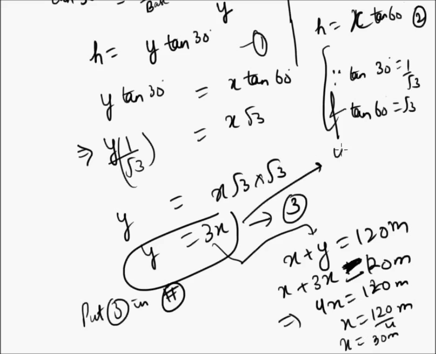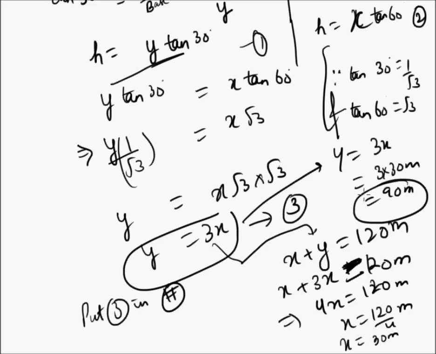Now y is 3 times x, so it will be 3 into 30 meters, that is 90 meters. Now what is h? h is y tangent 30 degrees.